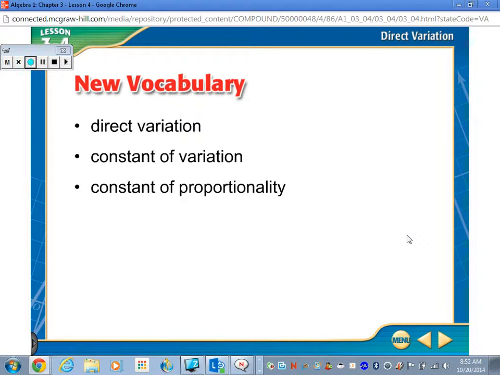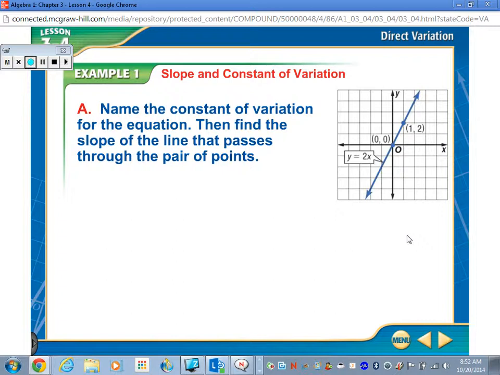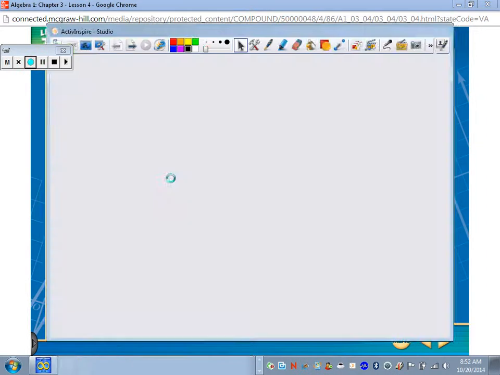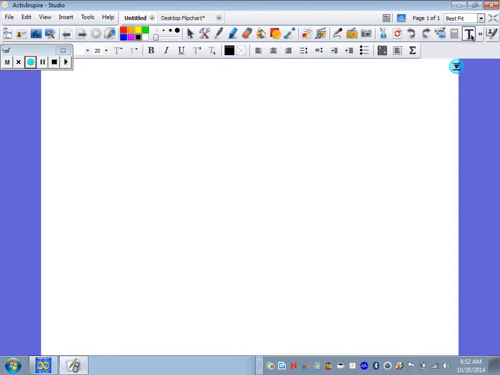Now they talk about finding a slope and constant of variation. Here's what you need to know. I'm going to go to a blank screen and type a little bit of terminology.